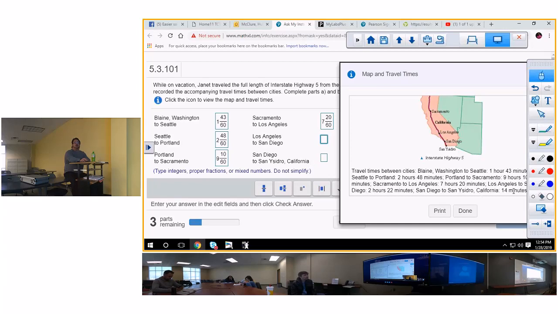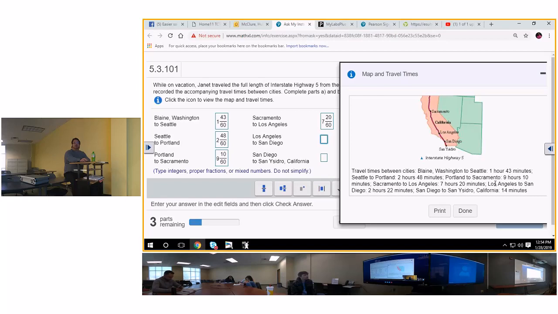Los Angeles to San Francisco, 2 hours, 22 minutes. 2 hours, 22 minutes out of 60. I hope I'm doing this right. And San Diego to San Pedro is 14 minutes.